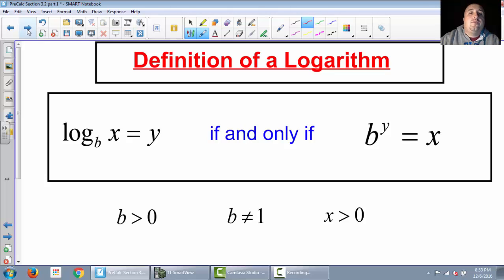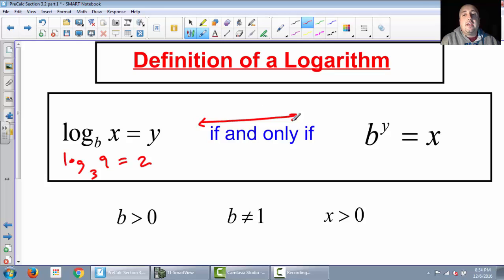All right, so the whole idea of logarithm, it all comes back to this definition, and this definition goes both ways. So it goes from left to right, and it goes from right to left. If we have log base b of x, let's say log base 3 of 9 equals some number, let's say 2.